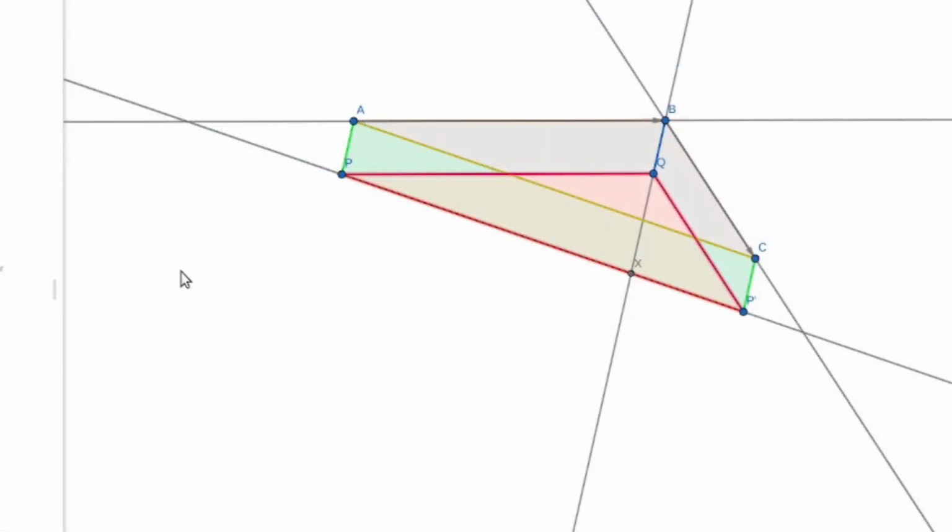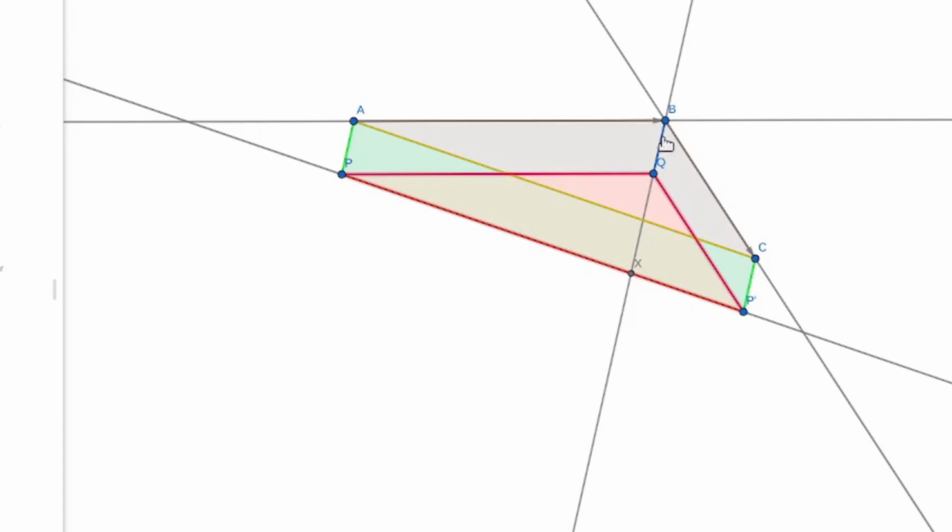And we have that the angles here, ABQ and PQX, are congruent by the fact that the line AB is parallel to the line AQ, and those are corresponding angles for this transversal PX.